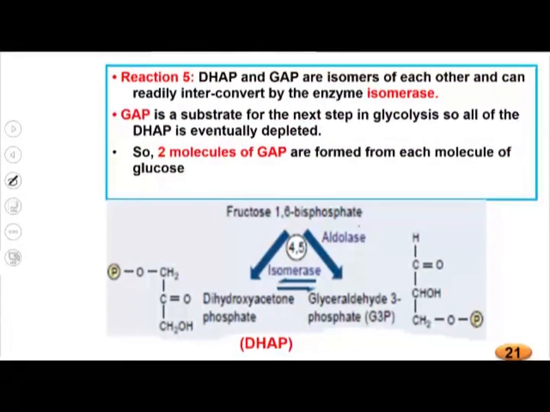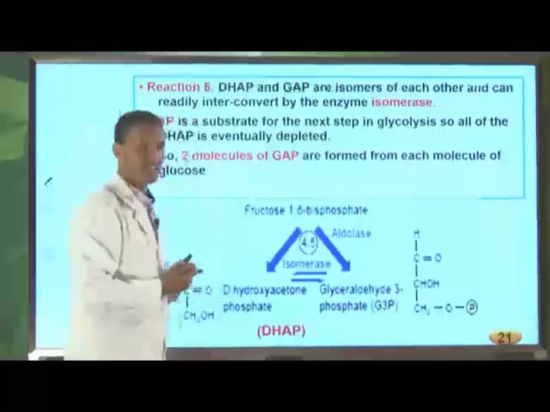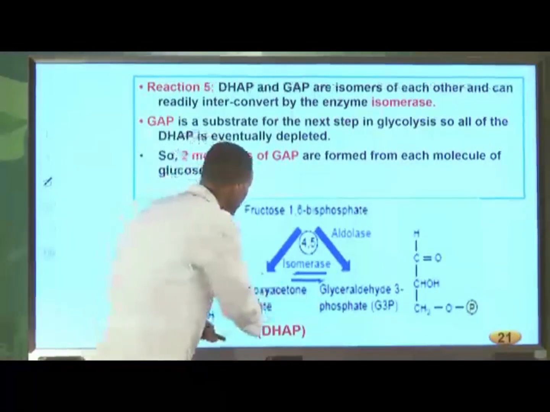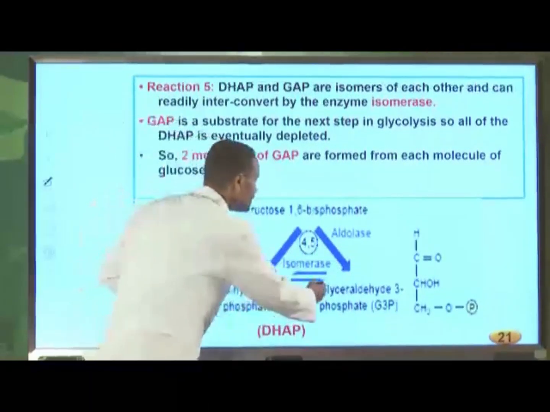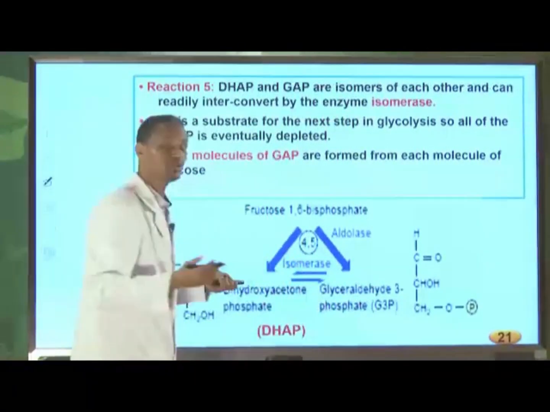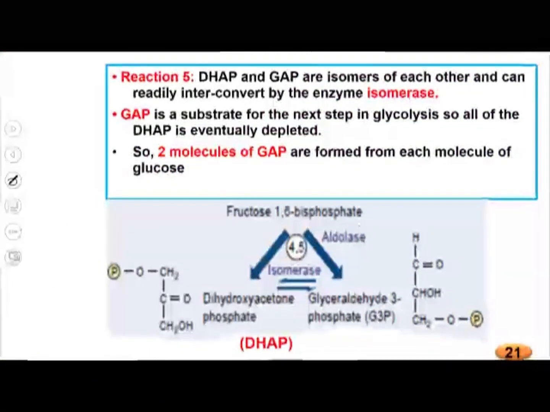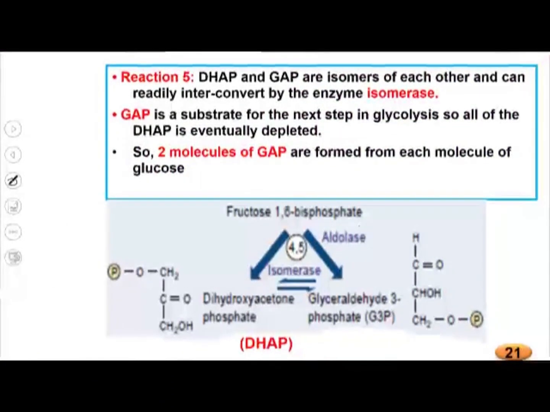Therefore, it has to be isomerized, or changed, into glyceraldehyde 3-phosphate, which is important for cellular respiration.